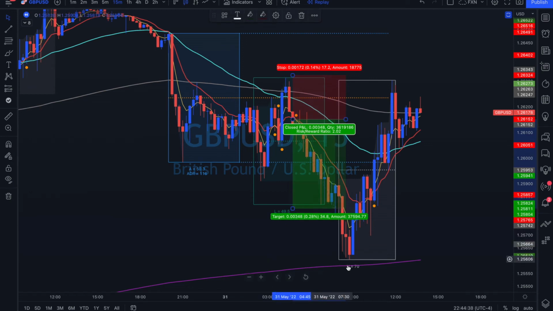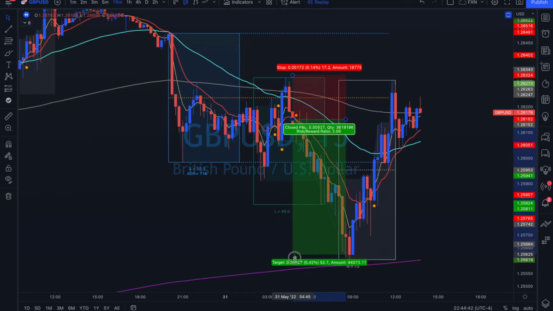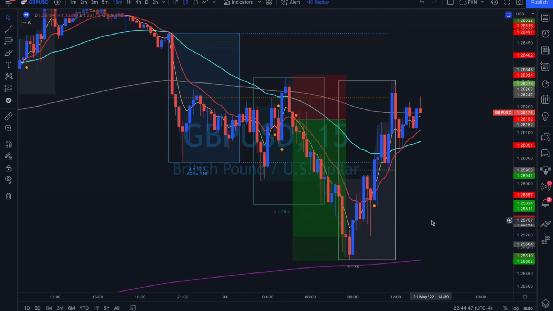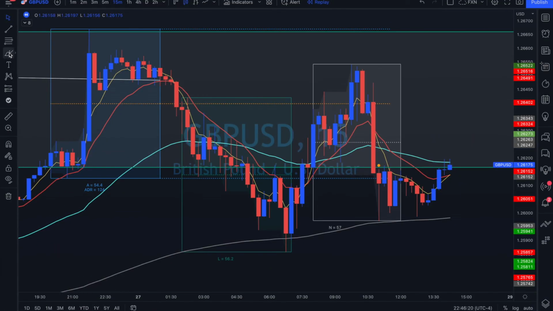But with the 800 being down here, there's a strong likelihood that price is going to want to reach down into that area of the 800 EMA. So another great example of using the 200 and the 800 for both trade confirmation and also for take profit points. Here's another example of using the 200 EMA as a trade confirmation.